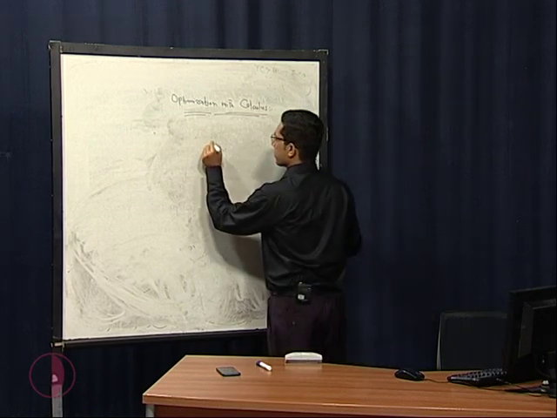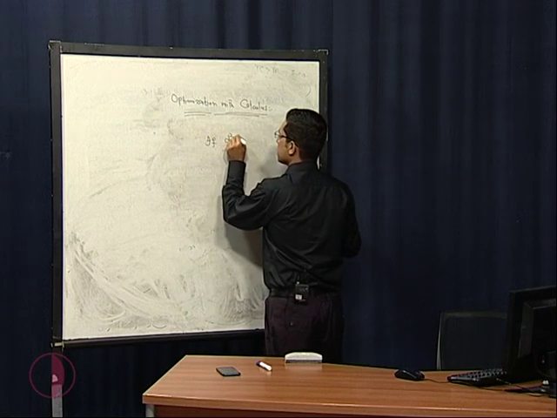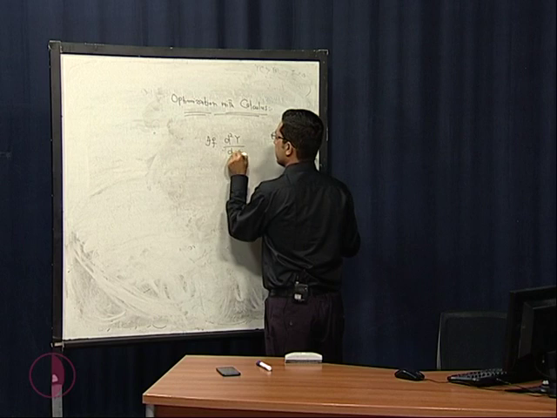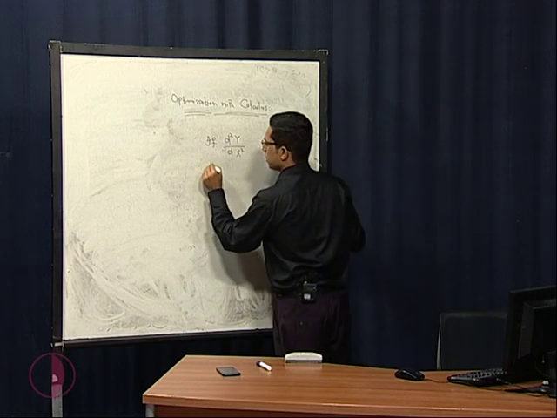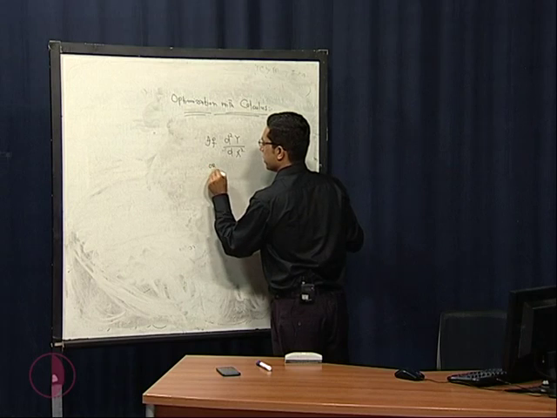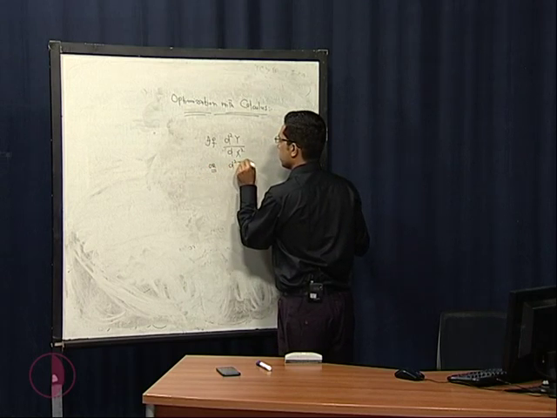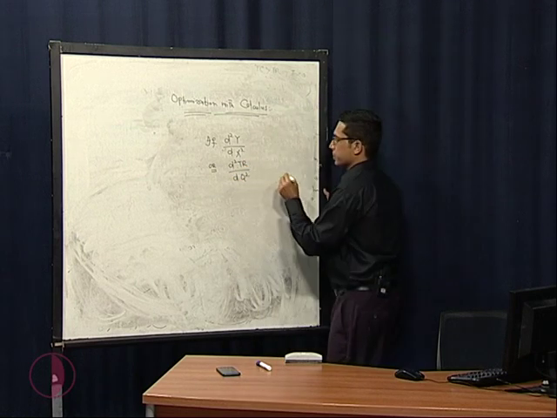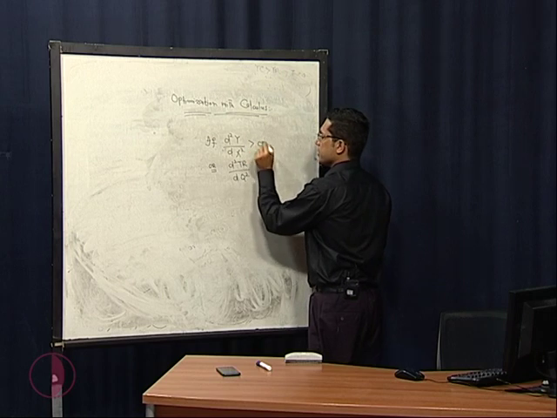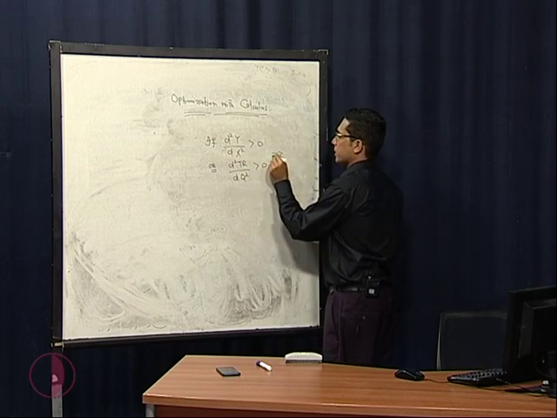If d square y divided by dx square, or in terms of economics, d square total revenue divided by dQ square, is greater than 0, what does it mean?